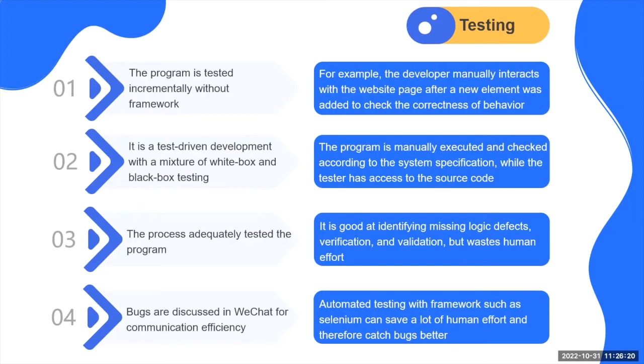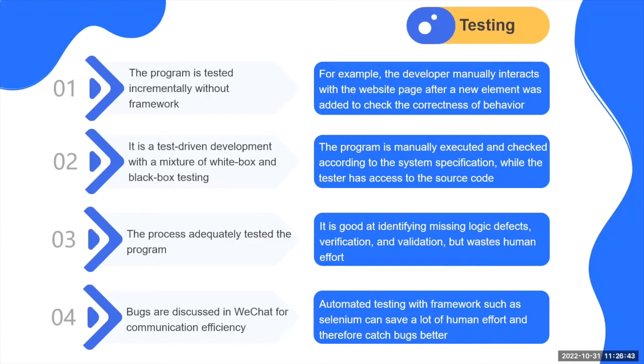We are confident that the program is adequately tested. Our process is good at the identification of missing logic defects and the verification and validation of the program. However, it does waste lots of human effort as a result of the lack of automation.